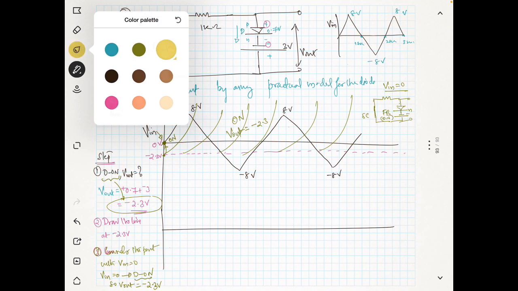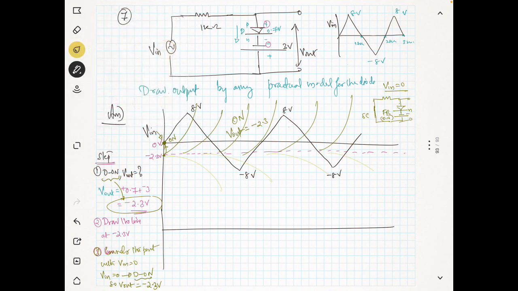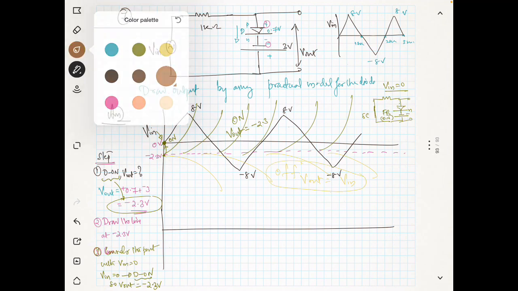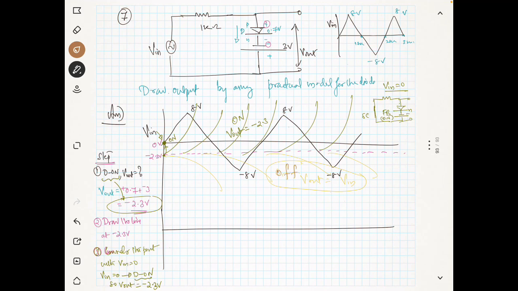That's what we have already seen. So when the diode is in off state, V out will be equal to V in. This is a very, very important point. When the diode is in off state, V out will be equal to V in.